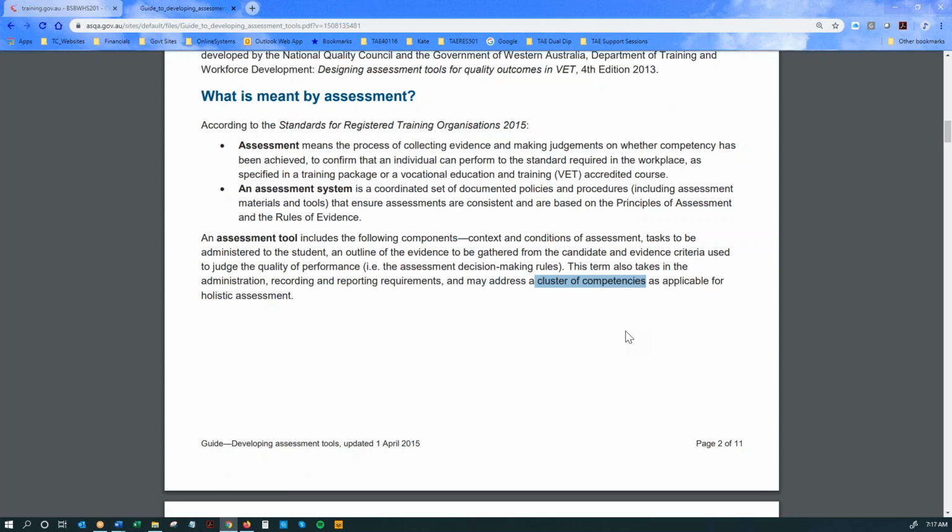An example might be where the first unit says prepare to complete a task, the second says complete the task, and another says review whether you've achieved the task correctly. Quite often those three steps would go together within the workplace, so it makes sense to combine the assessing of those three units together as one end-to-end workplace activity. That's what we call clustering or holistic assessment.